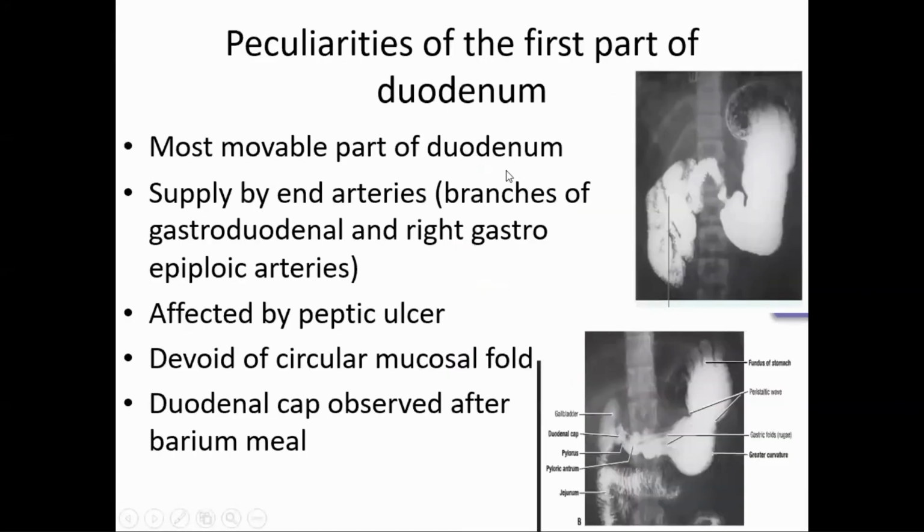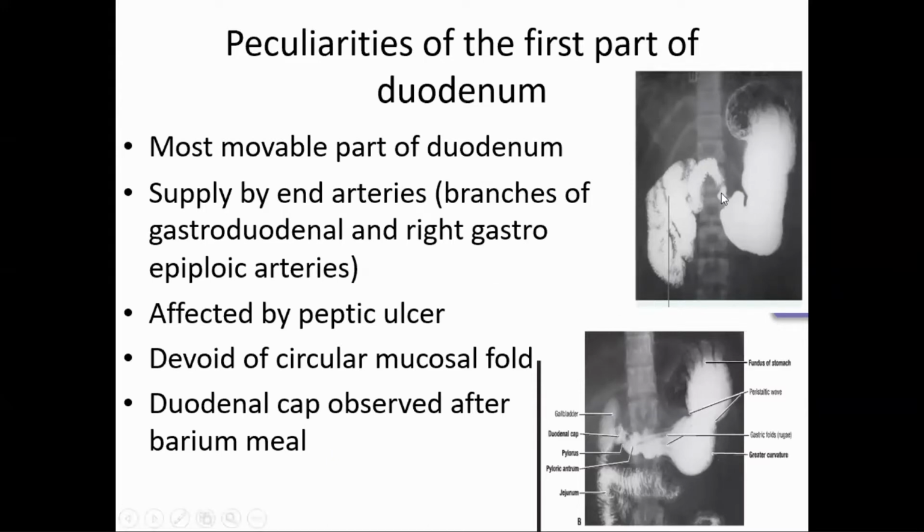And there is the presence of a triangular cap-like structure, the triangular bulb, known as the duodenal cap, which is observed after the barium meal, and it is normally present in the first part of the duodenum.